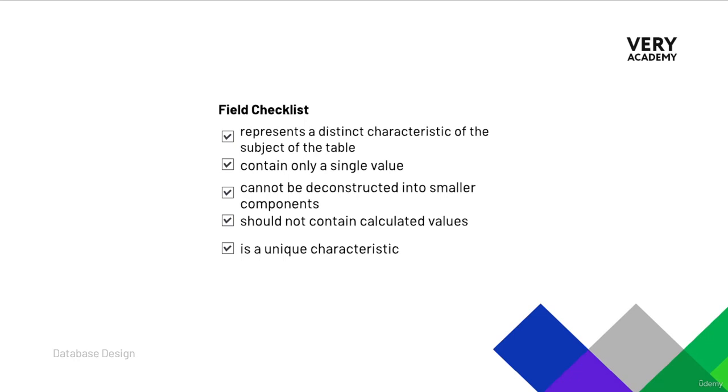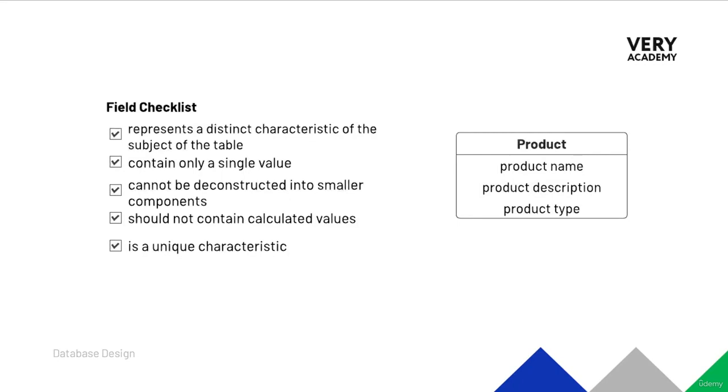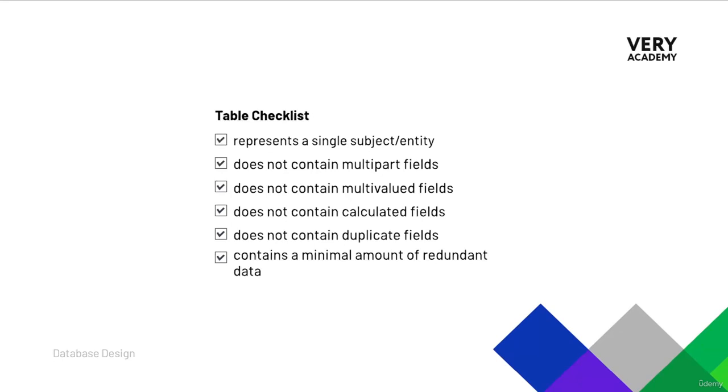Sometimes we may have fields that are very similar or have similar information, so we can go ahead and merge them. Now, by all means, you can go ahead and look through all the tables that we've generated so far, have a look at all the fields and see if they meet our requirements in the field checklist. In addition to checking the fields, we can also check the tables against this list.